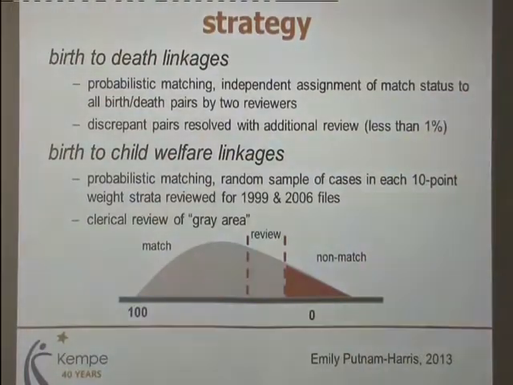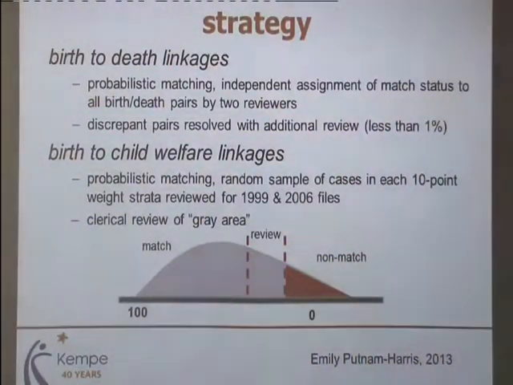So there are different strategies. And then here's some strategies for actually sorting out whether or not the matches are good. The birth to death linkages that are described here involve a probabilistic match, and then each match has a value that's associated with it.